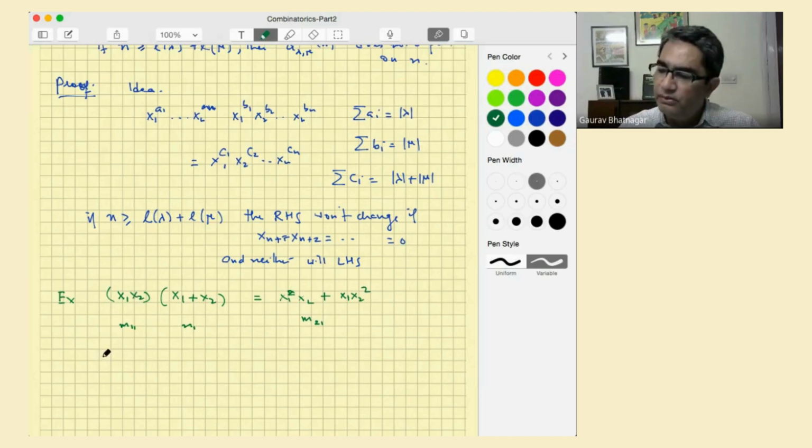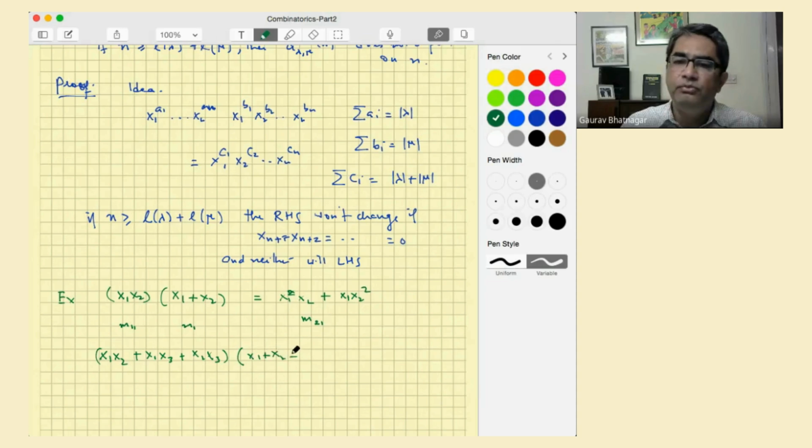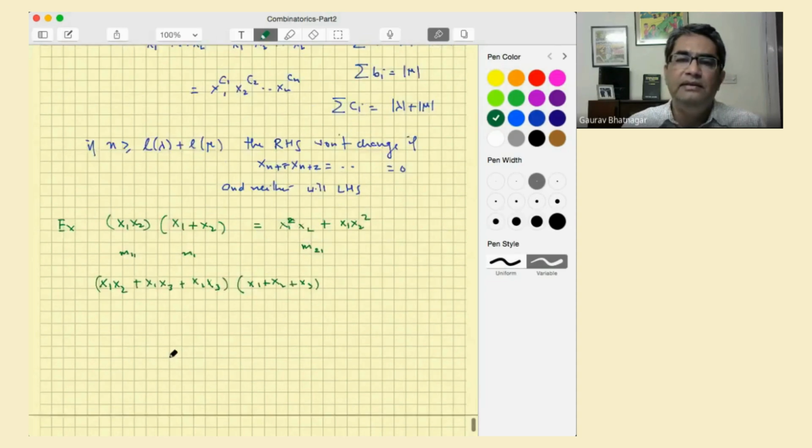Let's do one more. If you have one more variable, then it becomes x1 x2 plus x1 x3 plus x2 x3, and this one becomes x1 plus x2 plus x3, right?